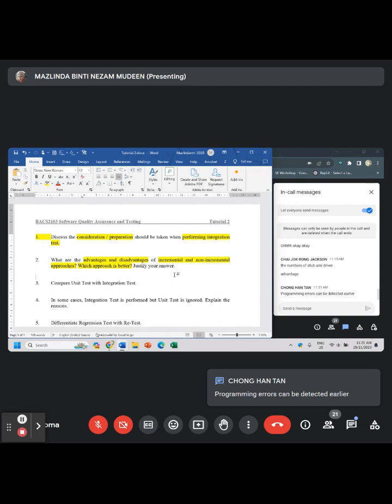Okay, so the second aspect where we can compare them is whether the programming error can be detected earlier or not. So which approach can detect the programming error earlier and why?